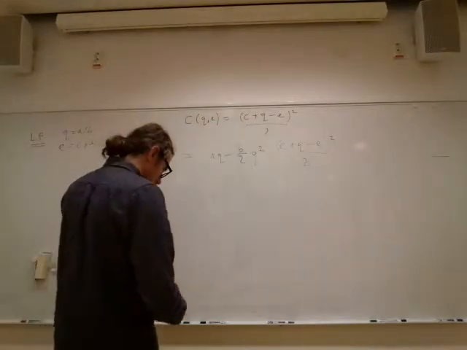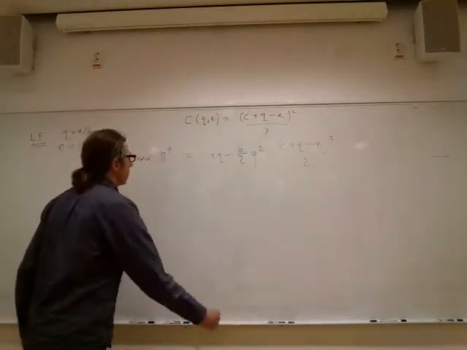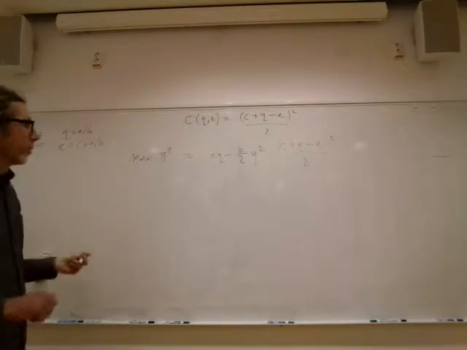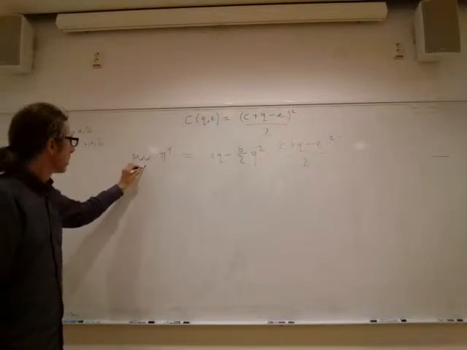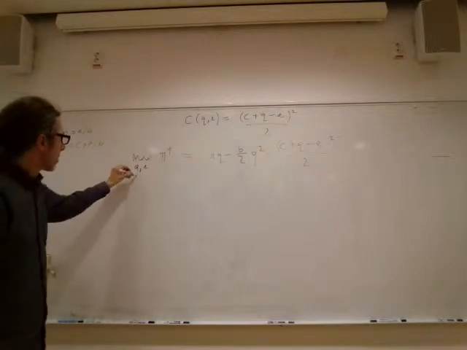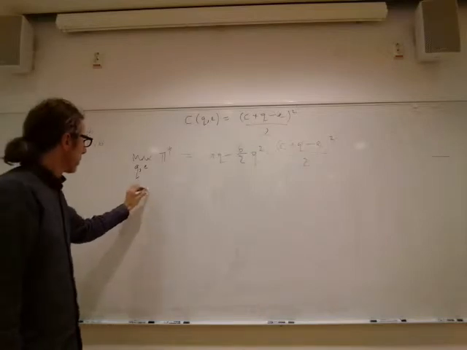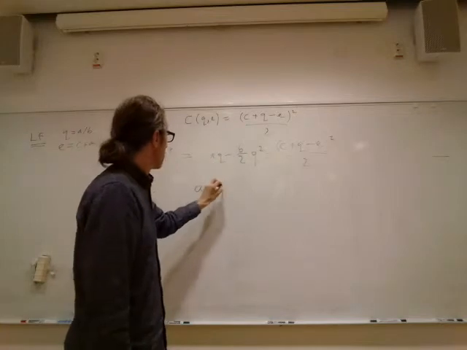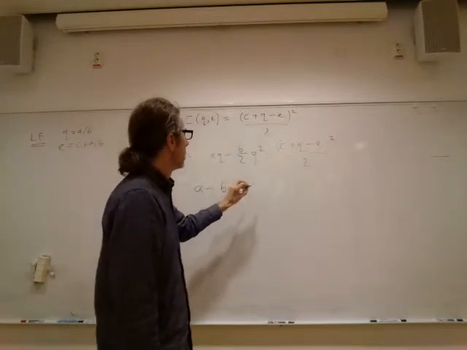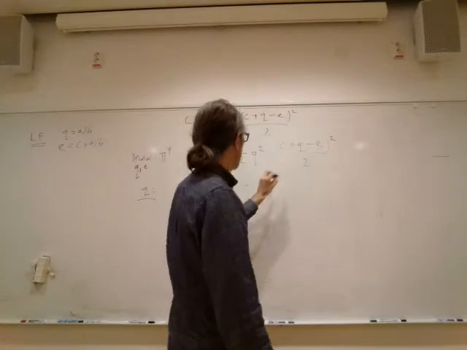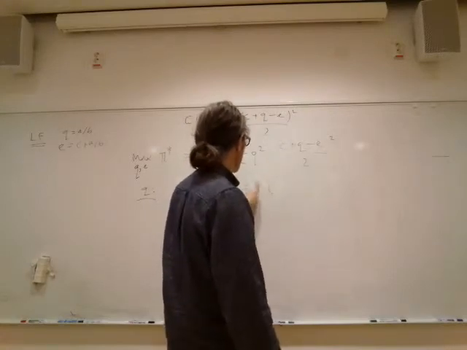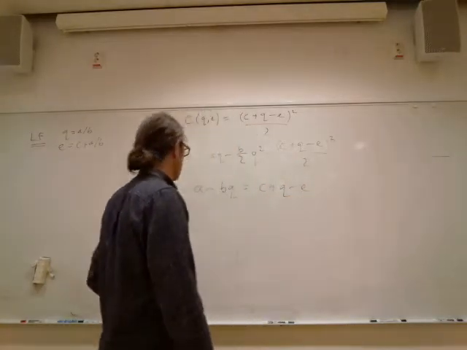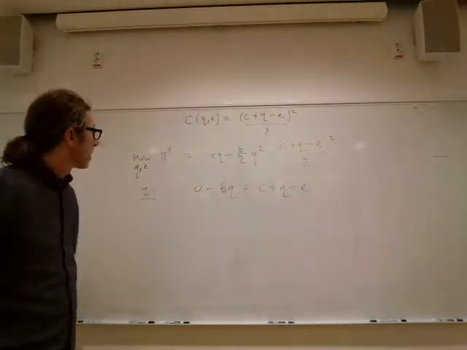So it's super straightforward. But let's go through it anyway. So the first order condition in Q gives us A minus BQ equals 2 over 2, we get rid of that, C plus Q minus E. It's exactly the same as in the free market case.